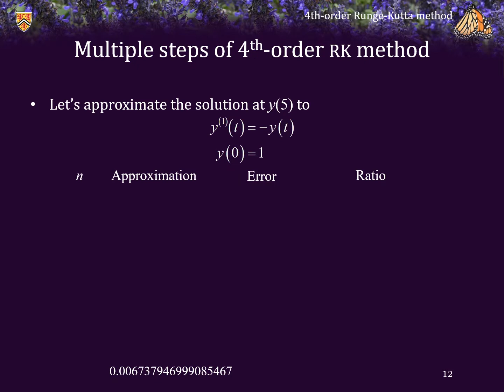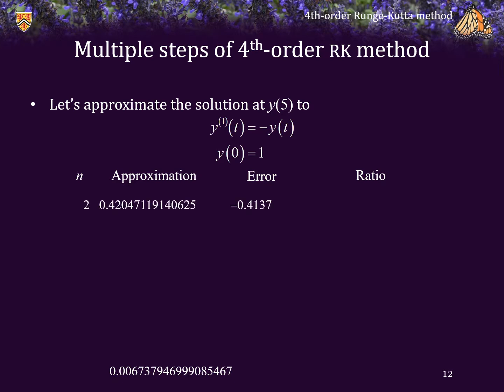All right, once again, let us approximate the solution of this initial value problem at the point t is equal to 5. So we'll approximate y at 5 given that this solution satisfies this ordinary differential equation as well as satisfying the initial condition y at 0 equals 1.